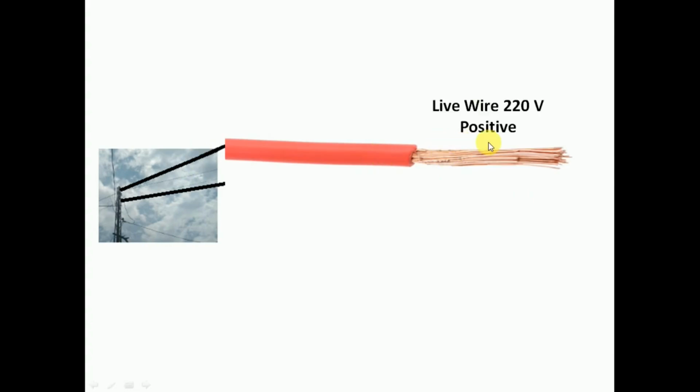So this is the wire, and when we bring this wire to our house, to identify the wires we give color to them. The wire with red color is called live wire, and it is at the potential of 220 volt. That's why I called it a dangerous wire.